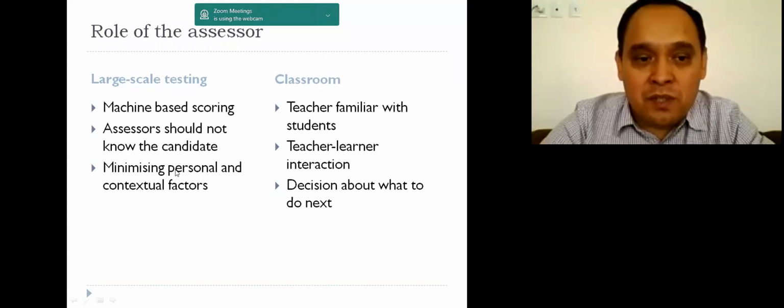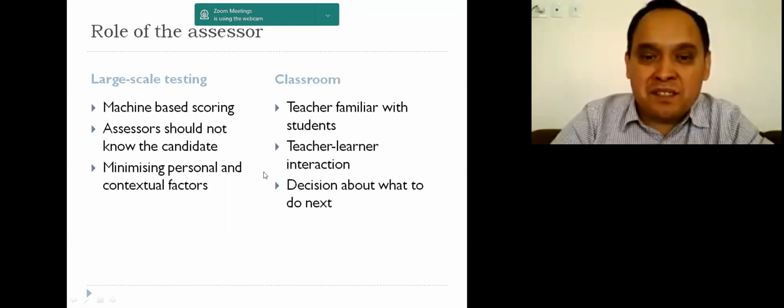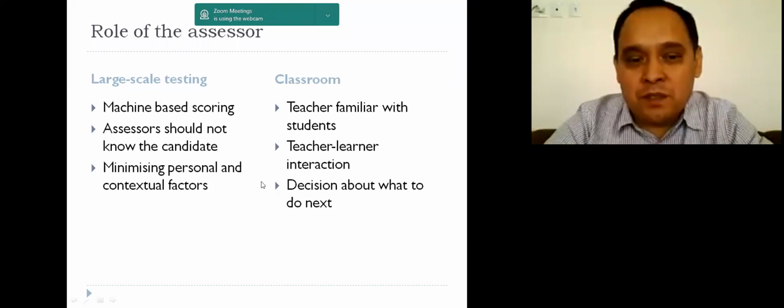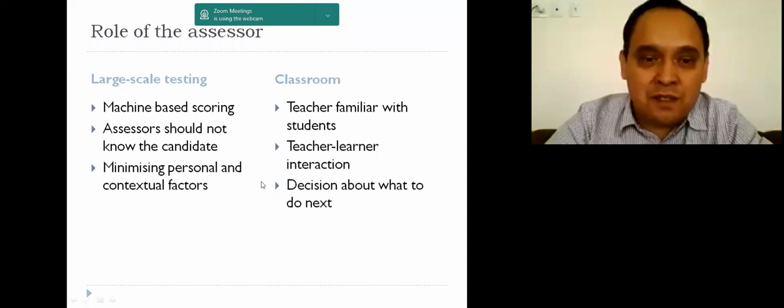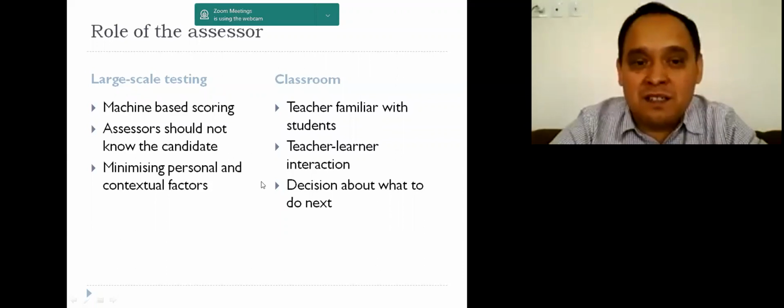And also in large-scale testing, the personal and contextual factors are minimized so that the student's background does not influence the assessor's judgment. Oh, this student comes from a part of the world where they were suffering. These kinds of discussions or considerations are not allowed in large-scale testing. However, the situation with classroom assessment is somewhat different.